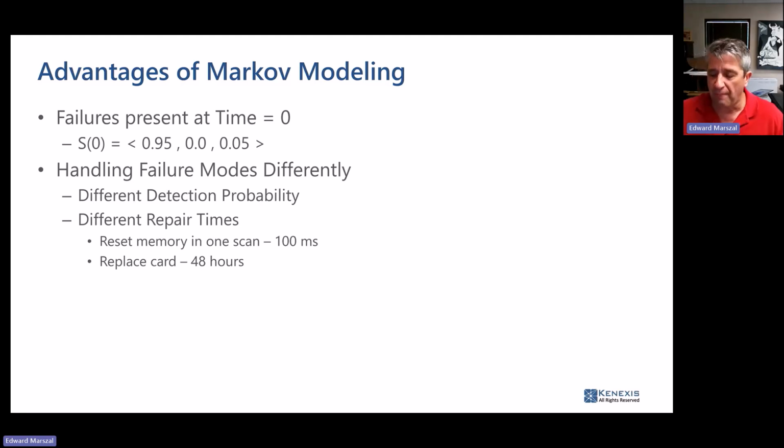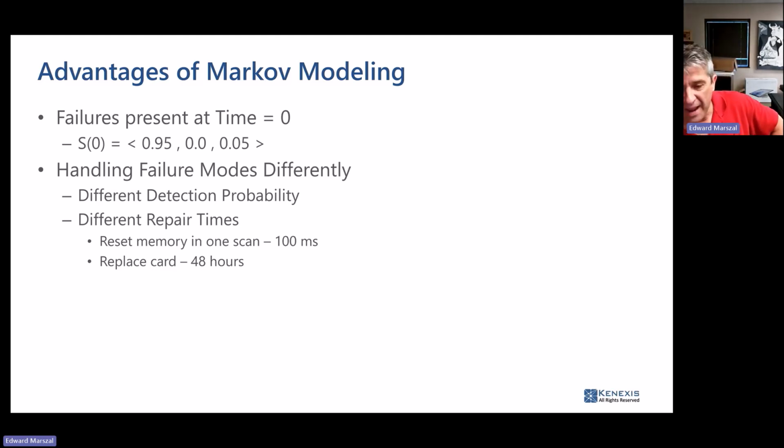So but then I also said it's pretty damn computationally intensive, and if you can do an analytical solution to get an equation, that is the most accurate and the most cost-efficient way in terms of computational intensity to come up with your answer. So now, what are some reasons that you would use a Markov model?